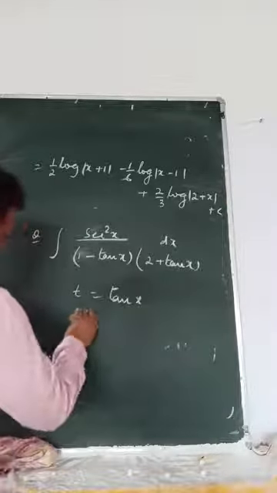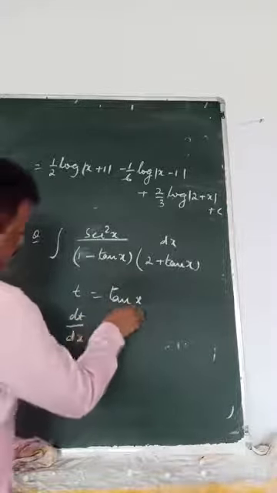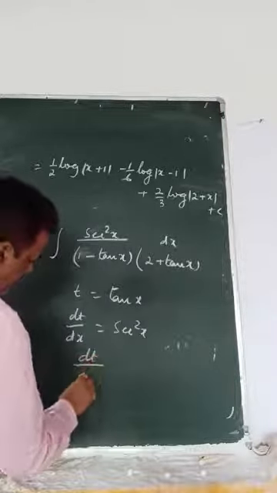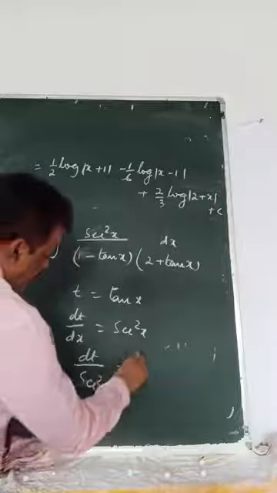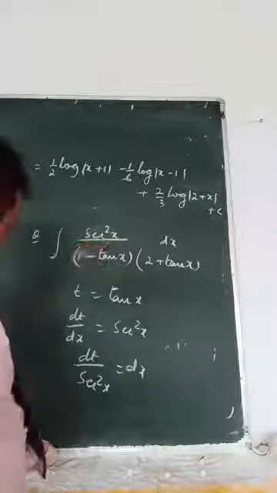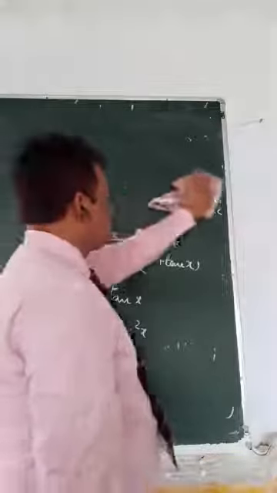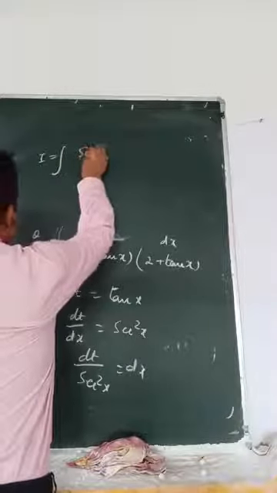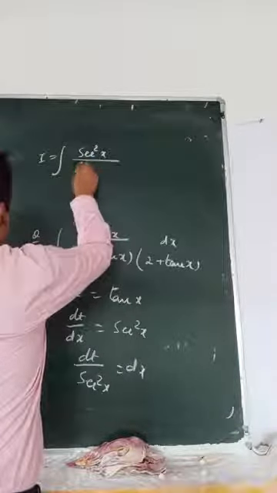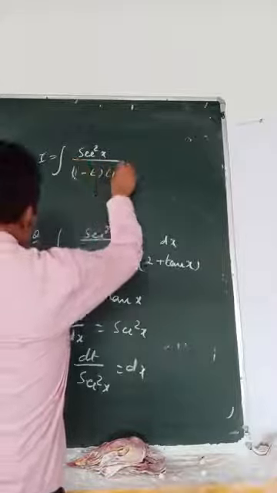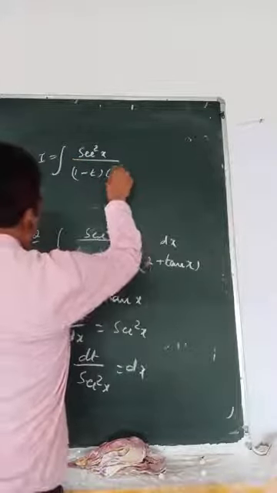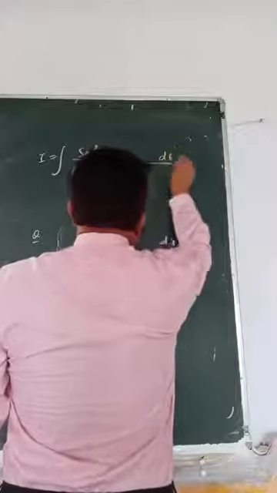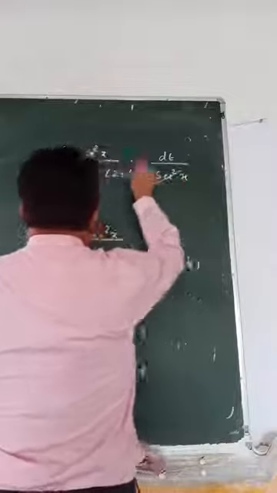What is dt by dx? The derivative of tan x is sec square x. So dt equals sec square x dx. Now I equals sec square x by 1 minus t, 2 plus t, and dt by sec square x, this is cancelled.